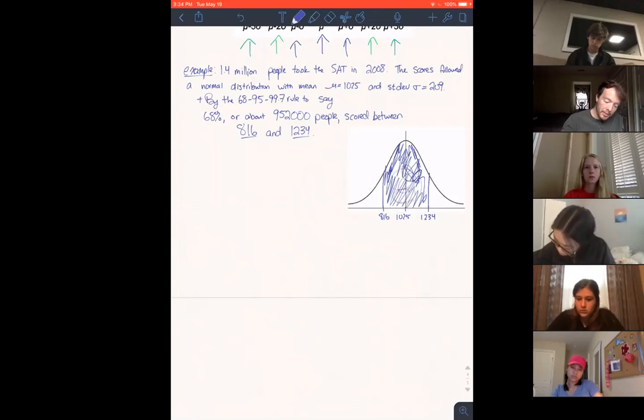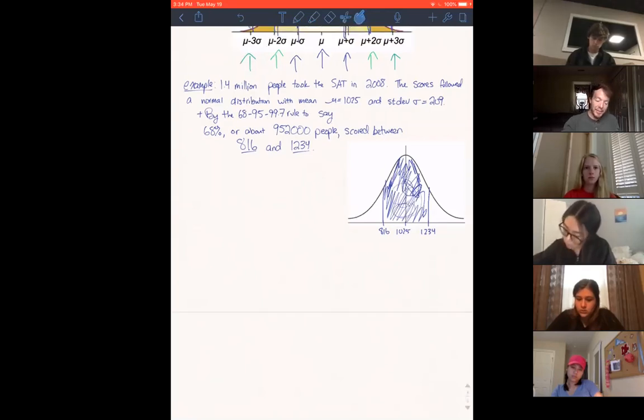Written as a sentence: about 68% of 1.4 million, so 952,000 people, scored between these two values. Make sense to us? Okay.